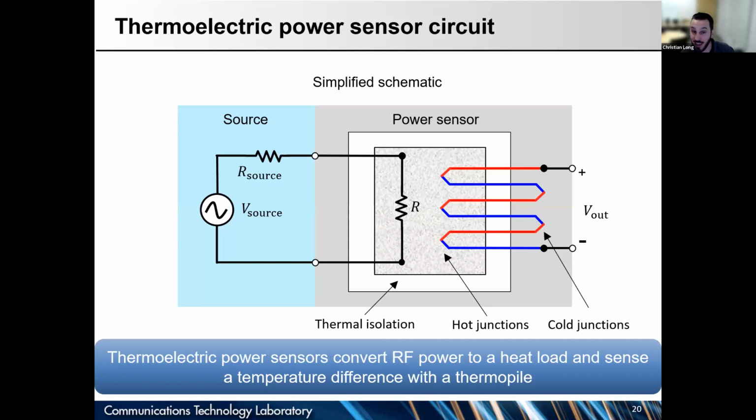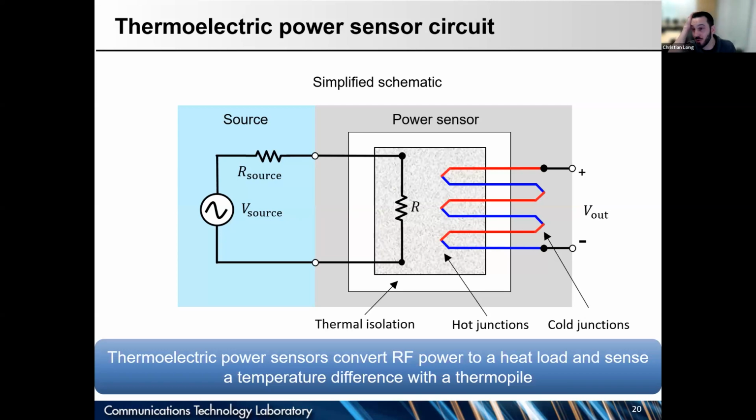And that something on that island gets hot, and you put a bunch of thermocouples from the island to something at ambient temperature, and that gives you a voltage that tells you how hot the thing got, and by doing so, roughly how much power was incident on it.